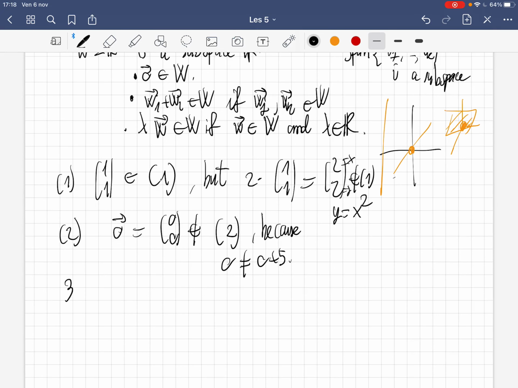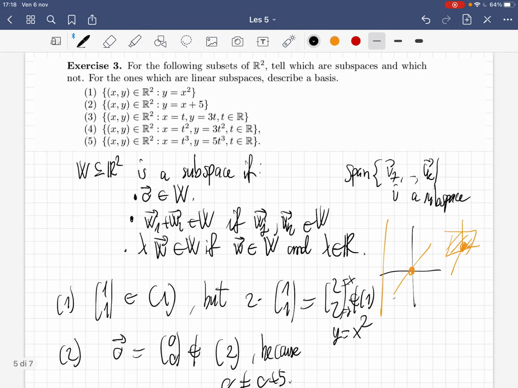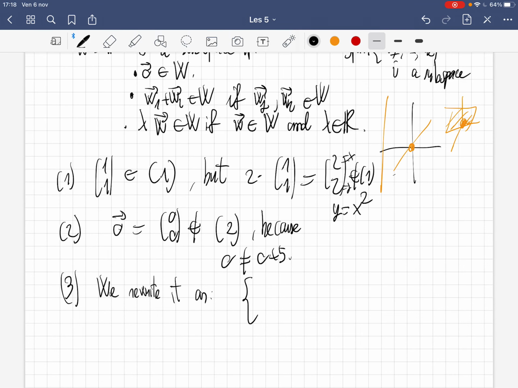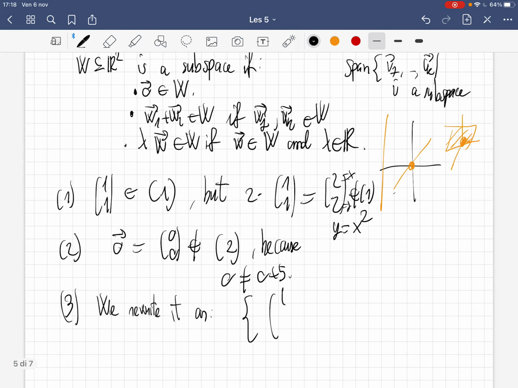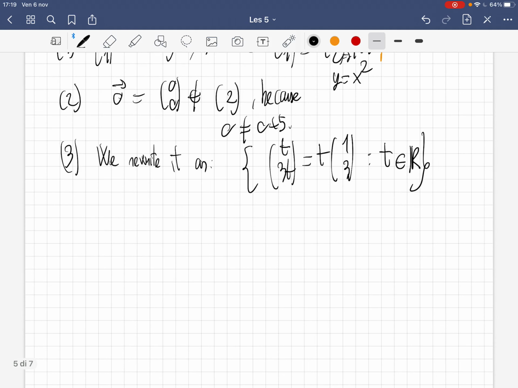And what about the third? We rewrite it as: x has to be t, and y is 3t, which is then t times (1, 3), and t is in the real numbers.